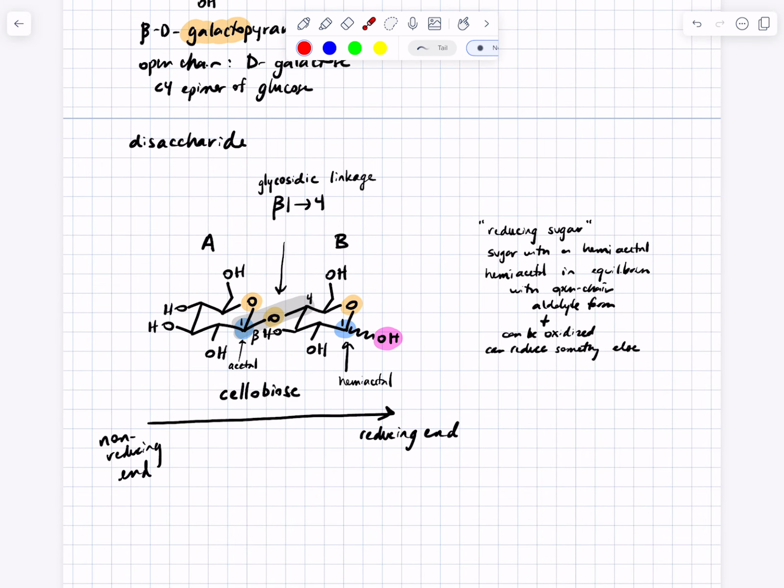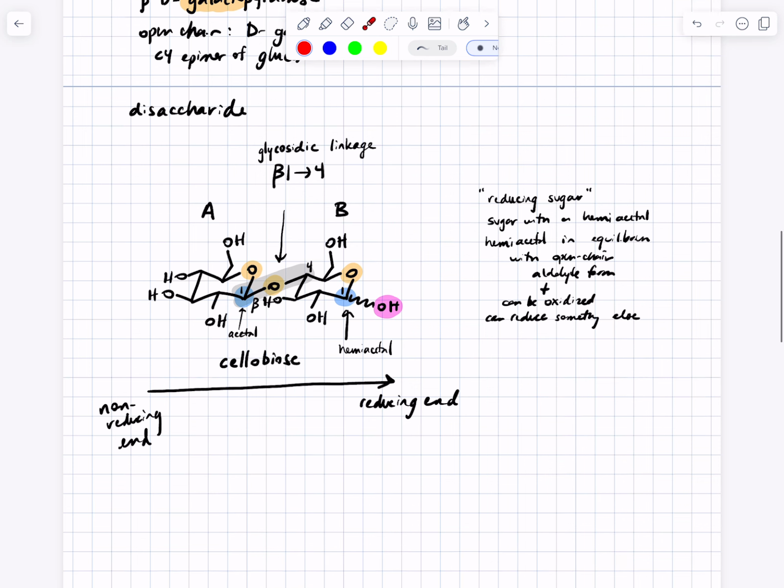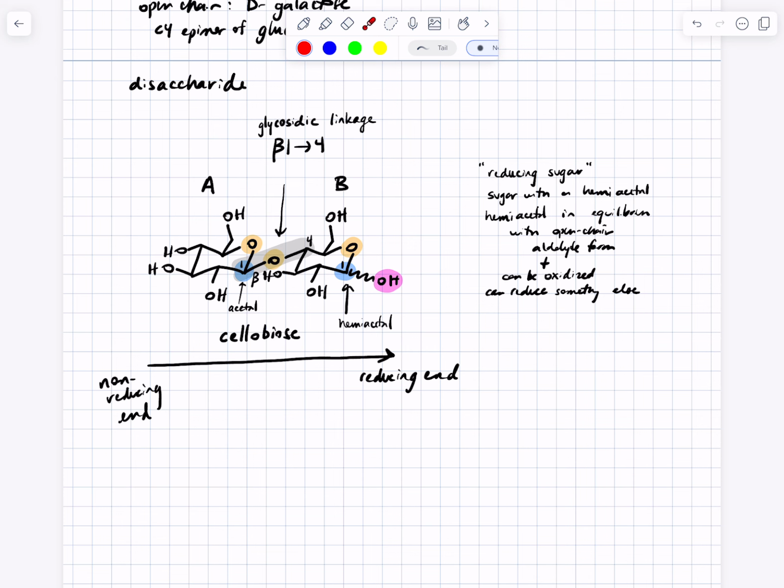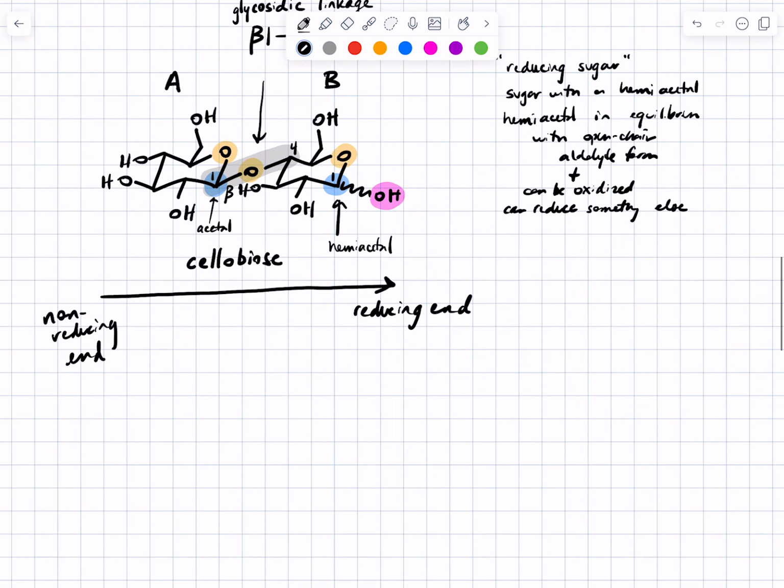Now, looking at that, you might have some questions or concerns about how you might make this molecule. Because if you tried to do this via the chemistry that we showed above, presumably you would have an oxocarbenium ion like this.